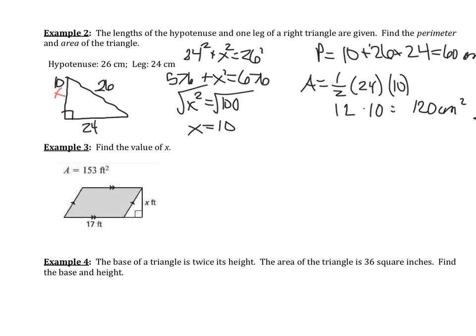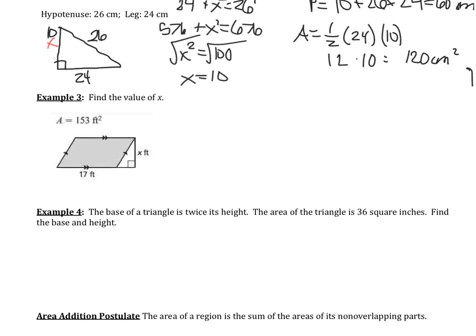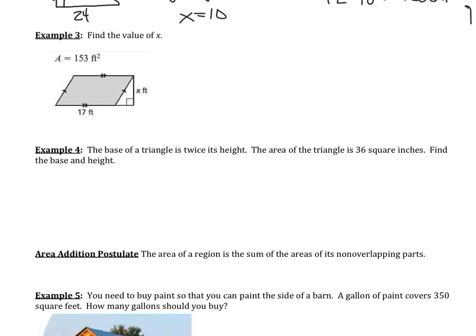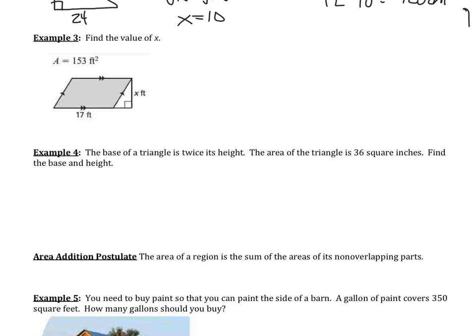All right. Now, example 3, we have a parallelogram here, and I need to this time try and find what is the height. They already give us the area, and so I need to think back, okay, how do I find the area of a parallelogram? The area is equal to my base times my height. So I'm going to just take the numbers that they give me right here, this 153, and I'm going to go ahead and just substitute those in.